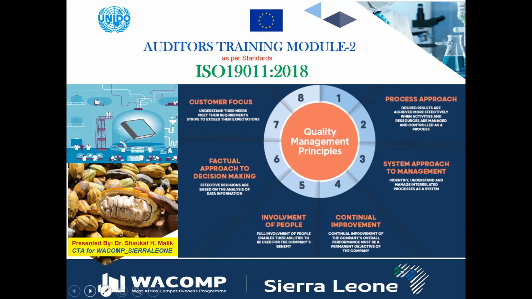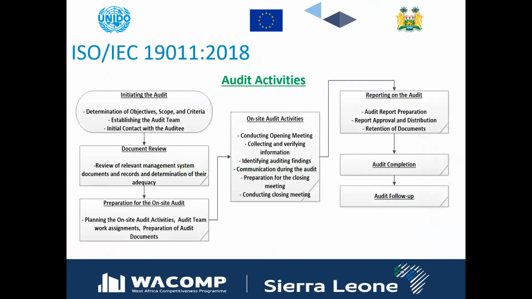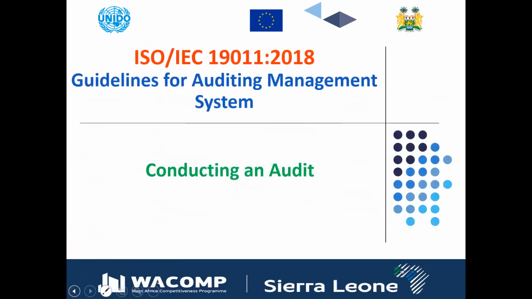So today we are going to discuss the next step, about this ISO 19011 standard, that is the guideline for auditing management systems, and today we are going to discuss conducting an audit, how to conduct an audit.